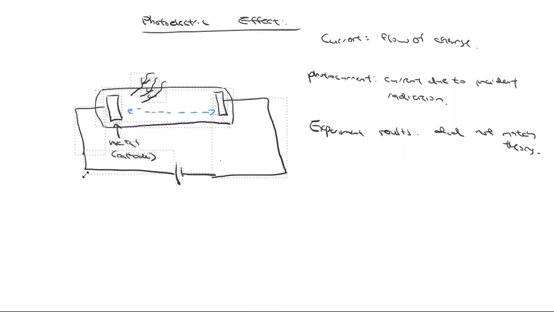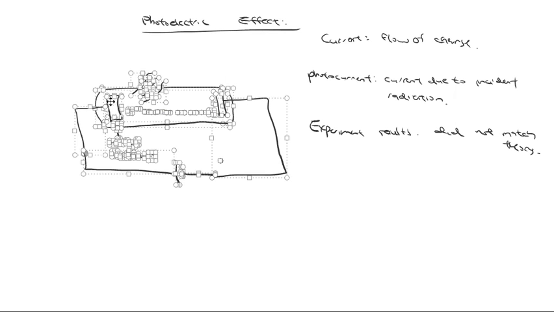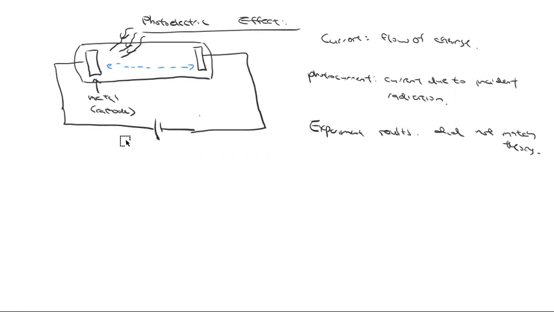And what we found were a few phenomena. We found that the photocurrent, which is basically how many electrons went out, is limited by the intensity of the light.